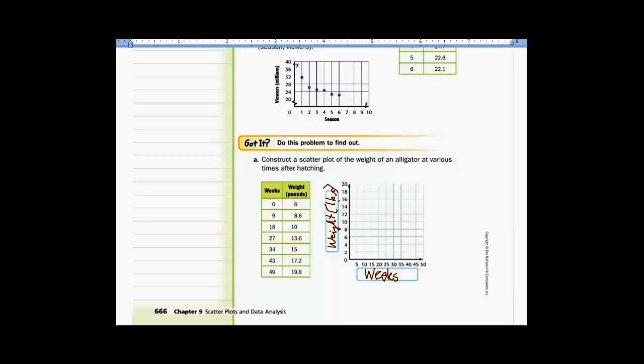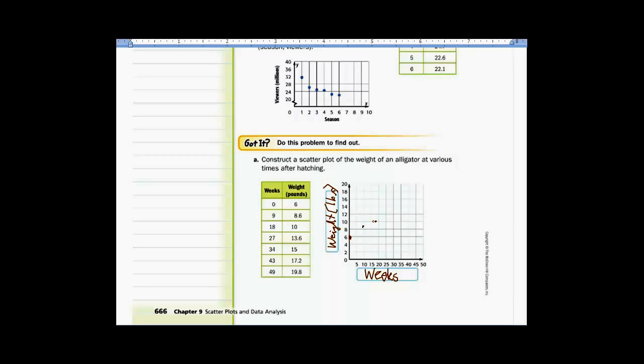Okay, weight in pounds. So then you just plot your data on there. So 0, 6. At 9 weeks, which is just before this, we're at 8.6. So again, you're kind of guesstimating here. You've got 8 and 10. So 8.6, not quite to the 9 mark, but really, it's about as close as you're going to get. At 18 weeks, they're at 10 pounds.